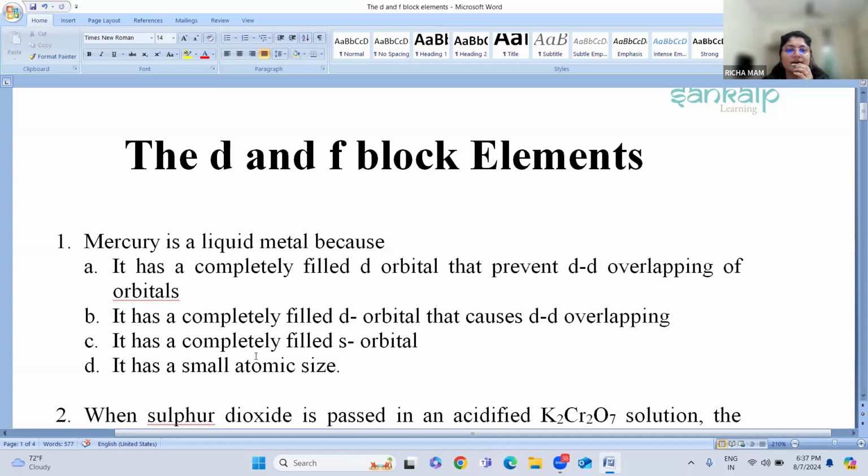C, it has a completely filled s orbital. And D, it has a small atomic size. What is your answer? Where does mercury belong, and what is its atomic number? Any idea about the state of this metal?